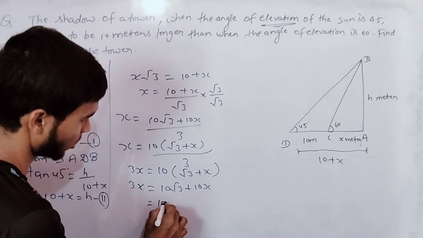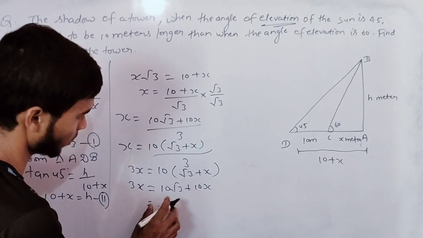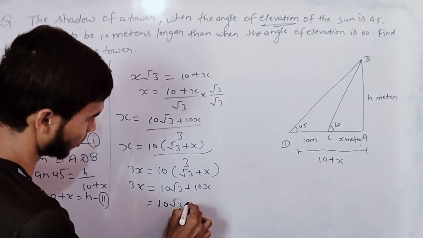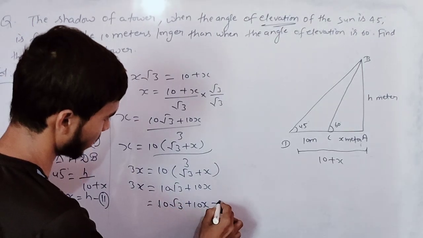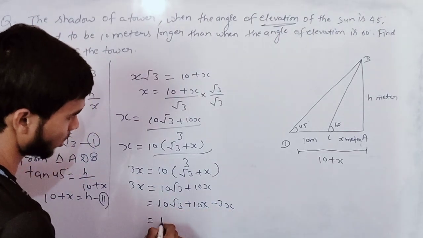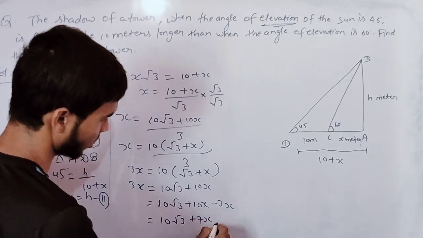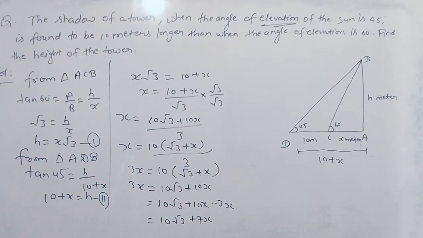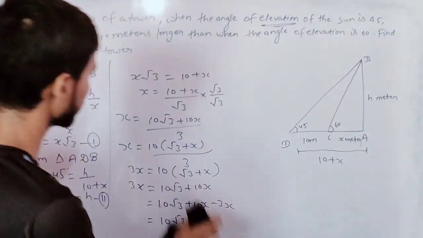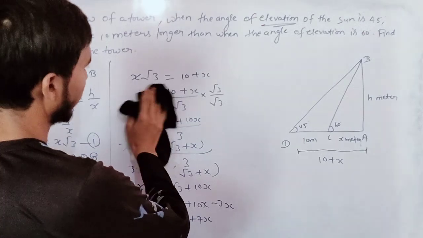Now 10 root 3 plus 10x minus 3x, that is 10 root 3 plus 7x. This is coming.